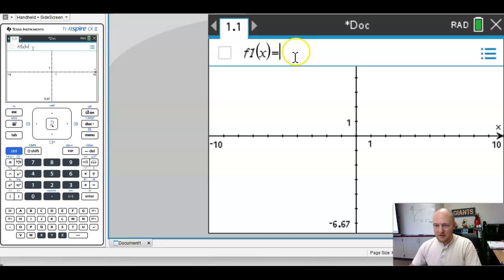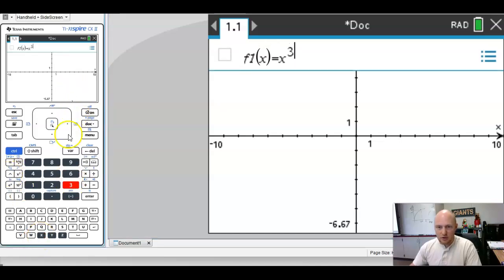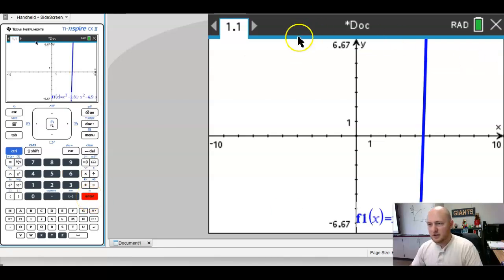I think adding a graph is one of the best things you can do in order to store a function. So I'm going to enter this function: x cubed minus 2.81x squared minus 4.5x minus 16. I'll hit enter, and there is my graph.